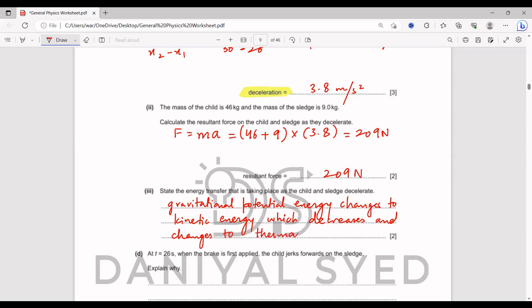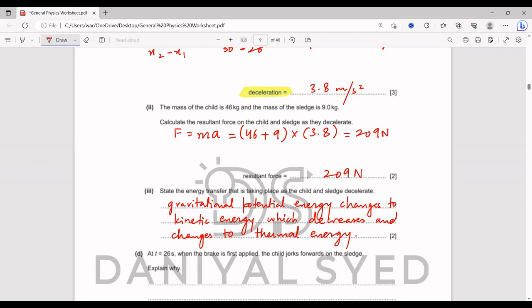So first, the height decreases. So gravitational potential energy changes to kinetic energy, and the speed decreases. So kinetic energy decreases and changes to thermal energy because of the rubbing between the surface of the sledge and the slope.